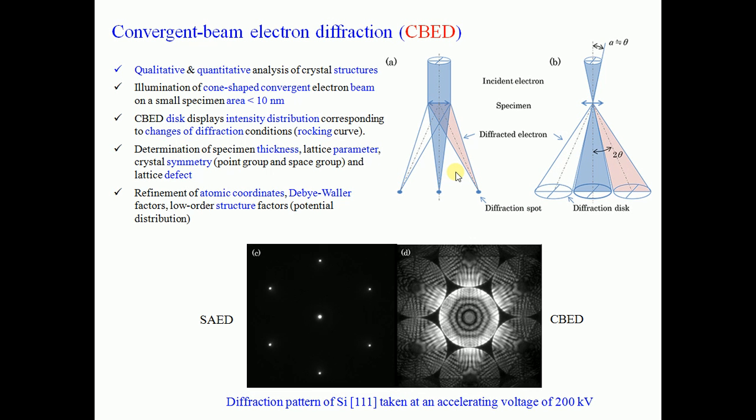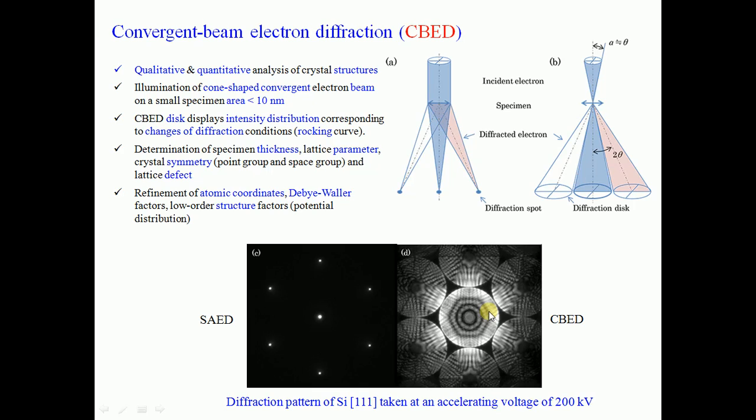In electron diffraction, convergent beam electron diffraction is one of the techniques in STEM. In STEM we know the electron beam is highly focused, and if the electron beam is highly focused, then in the SAD pattern, instead of spots, we get disc-like patterns.